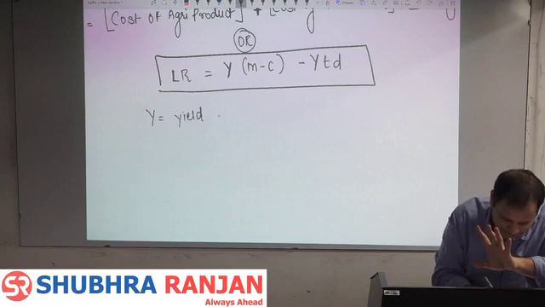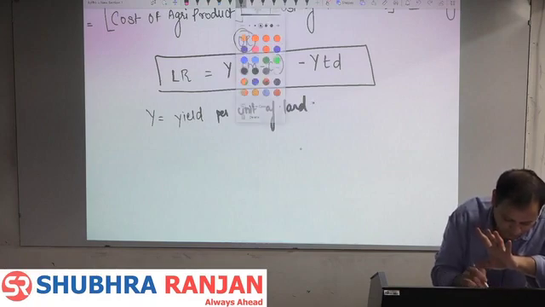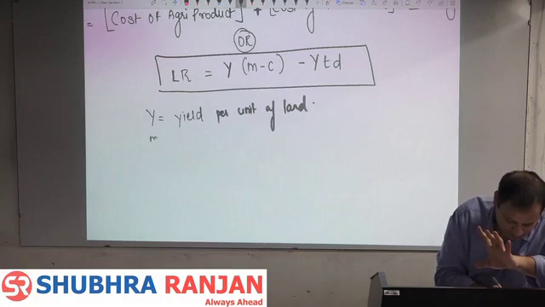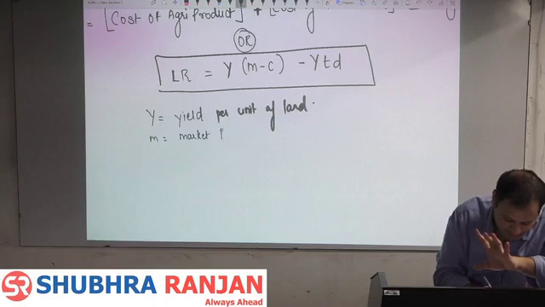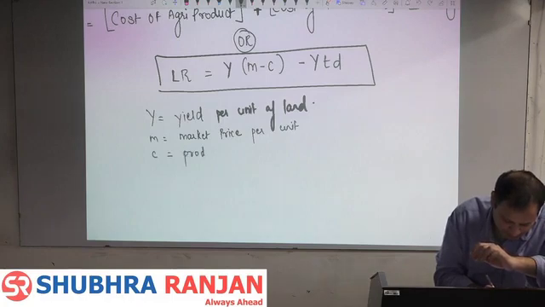Yield per unit of land. M is the market price per unit of XYZ product. C is production cost per unit.